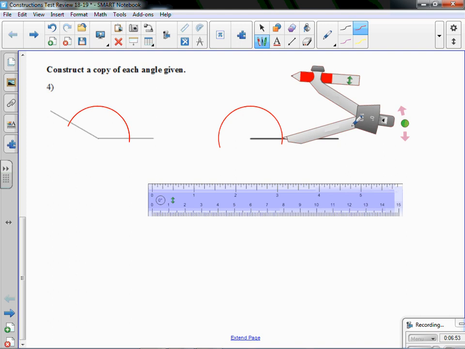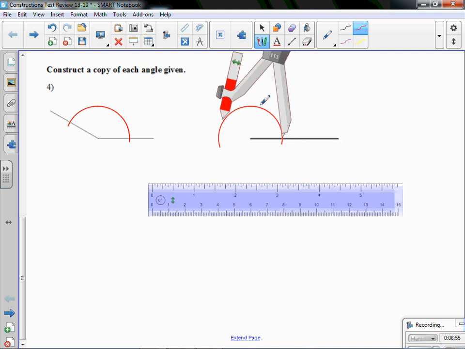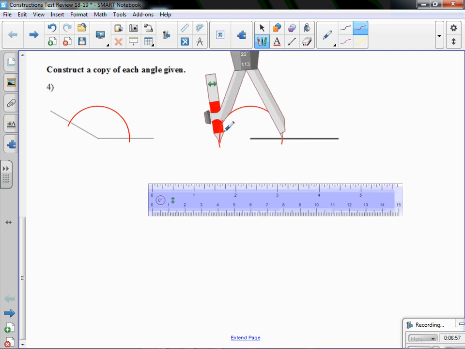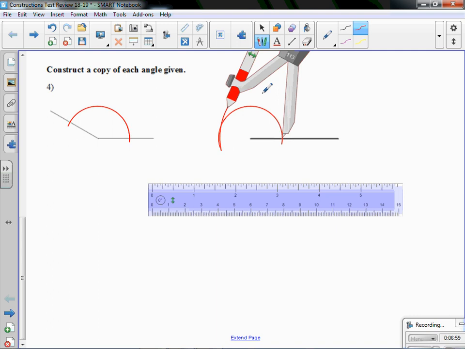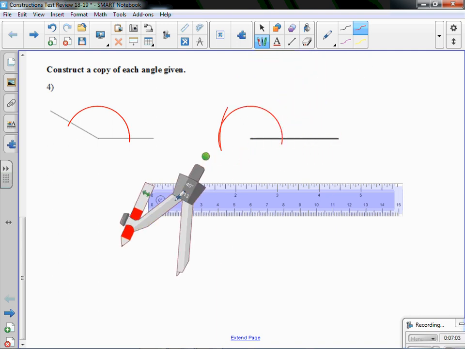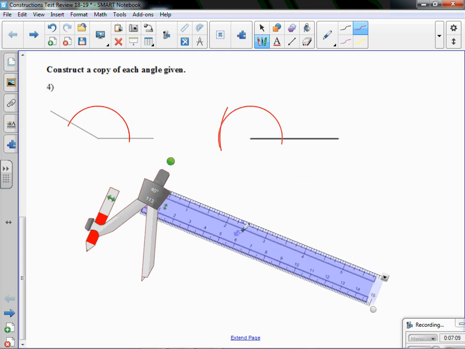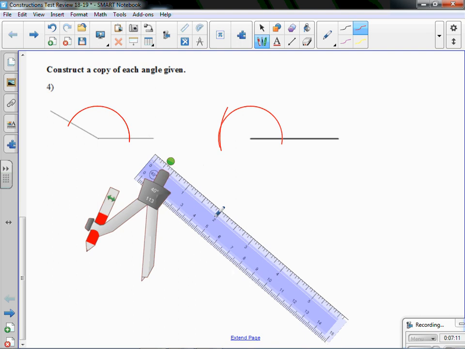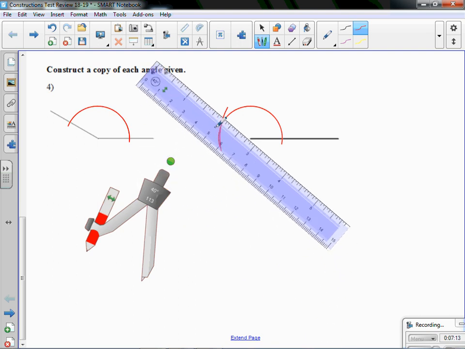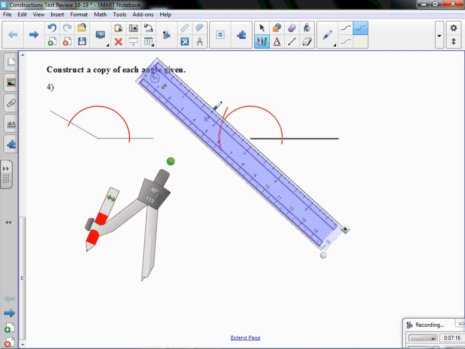And then use our compass to go around and mark the distance off where those intersect. So this point right here where the two arcs intersect, that's where we need to draw our line segment for the other side of the angle.